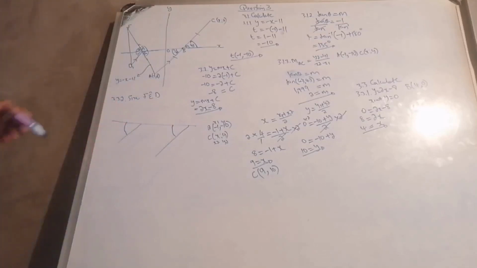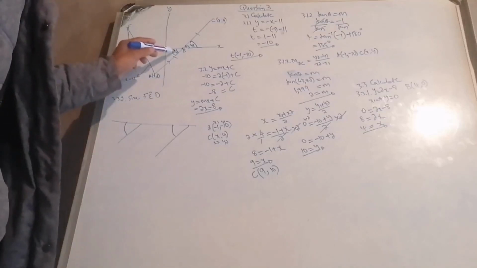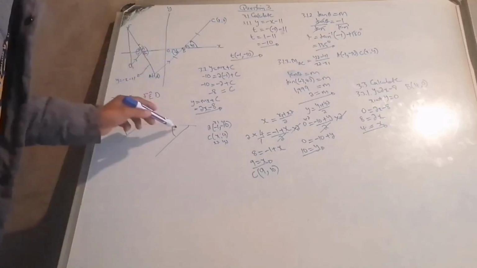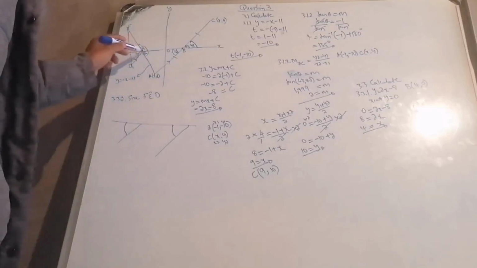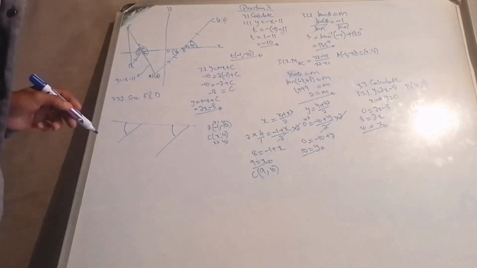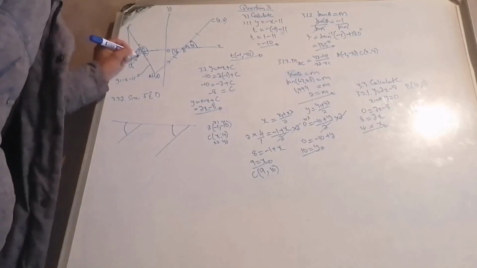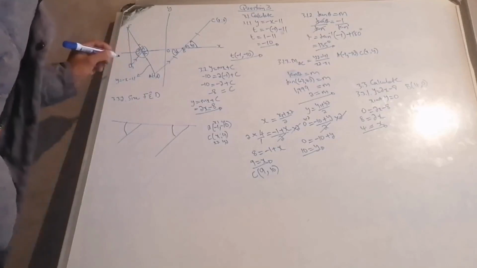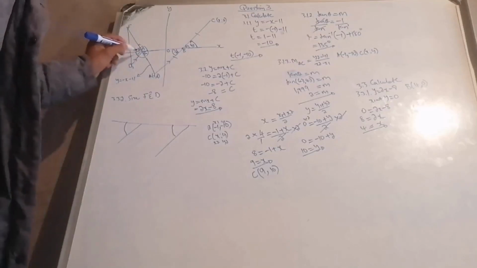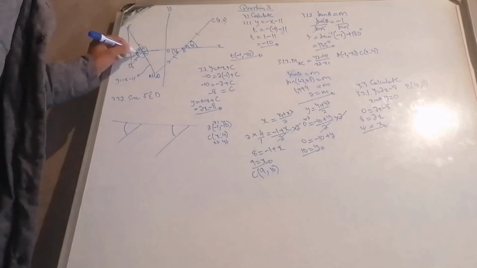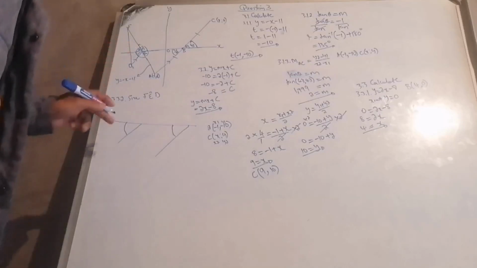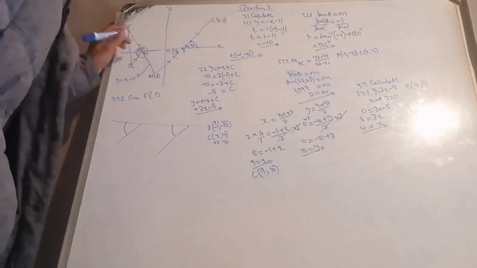This is one thing I know. The angle here, the inside angle, is equal to the opposite outside angle. And what should that angle be? This one. Can you see that? So this angle must be 63.43.